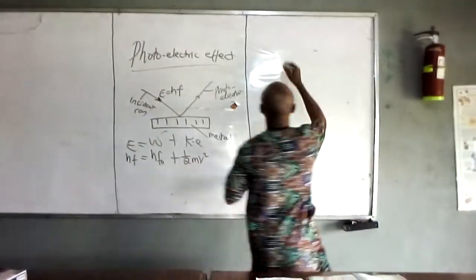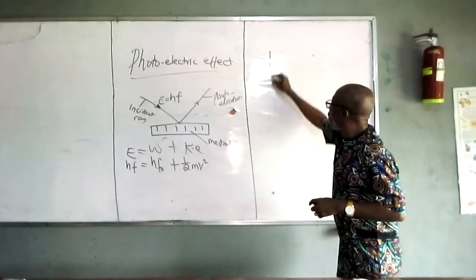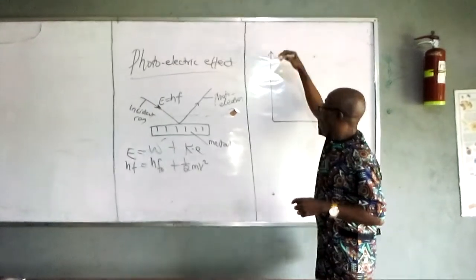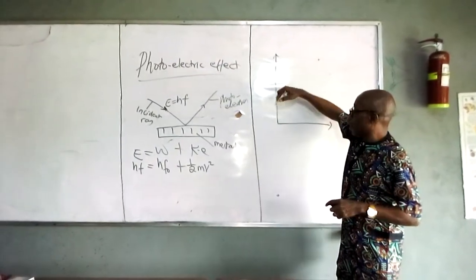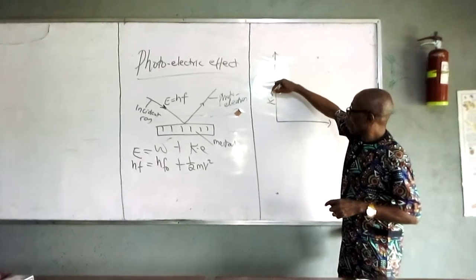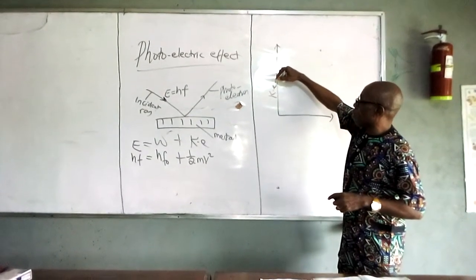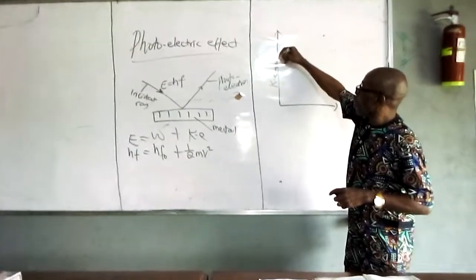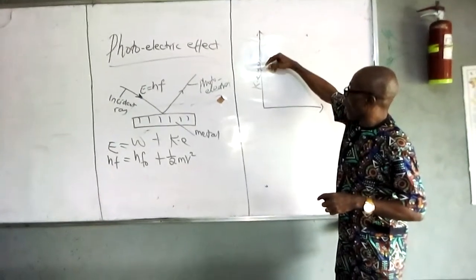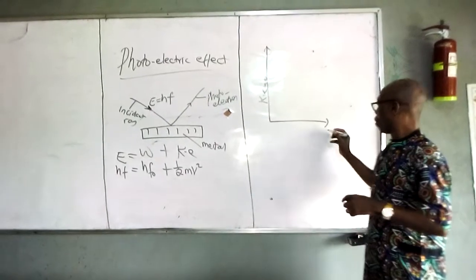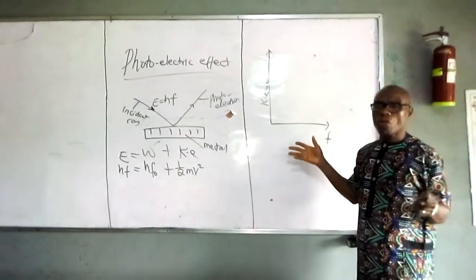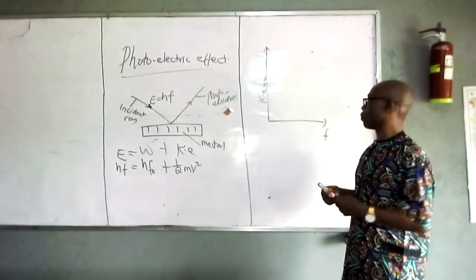So if that happens, we plot a graph of maximum kinetic energy, otherwise called KE max, against frequency. It's going to give us a straight line graph.